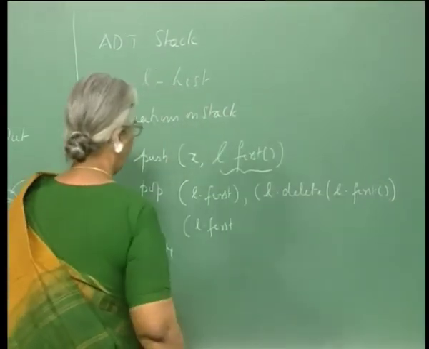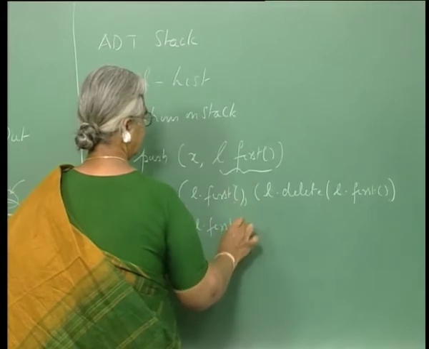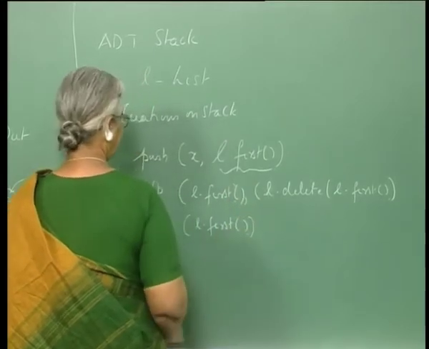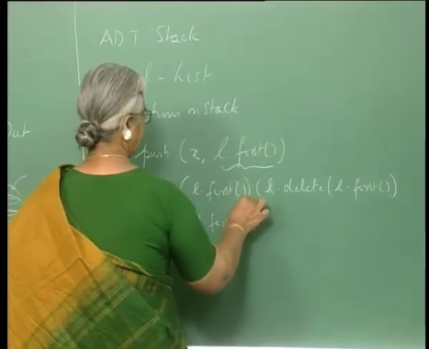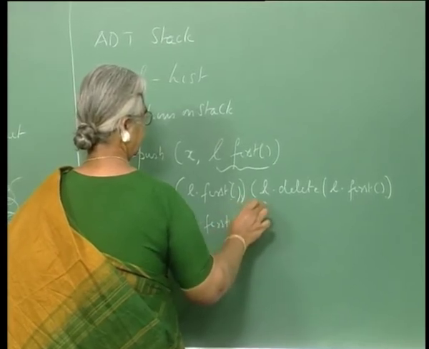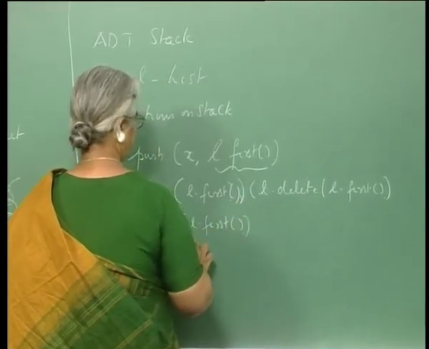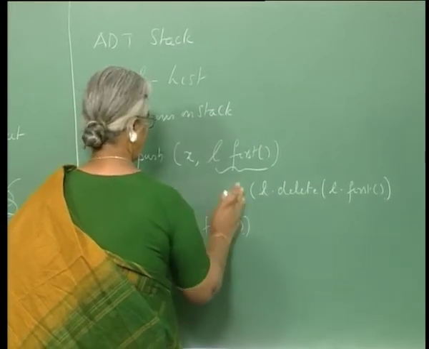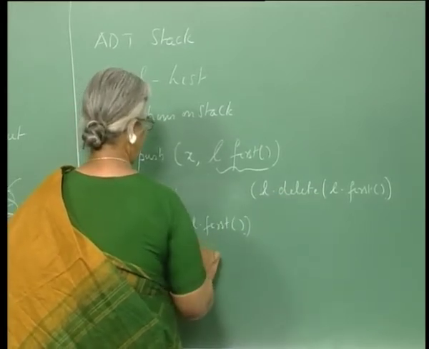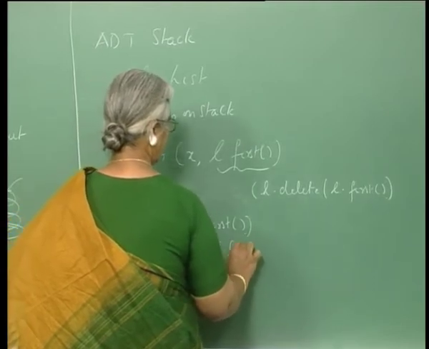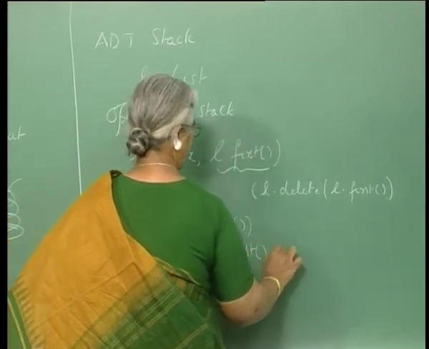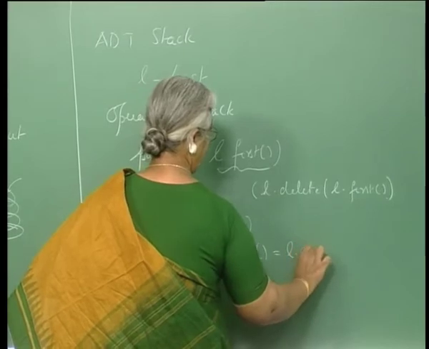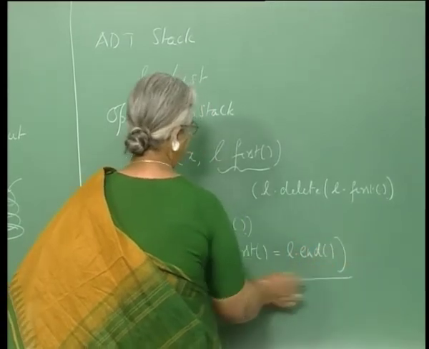And top is L dot first. And what should empty be? Empty is if the L dot first equals L dot end, then I can say that the stack is empty.